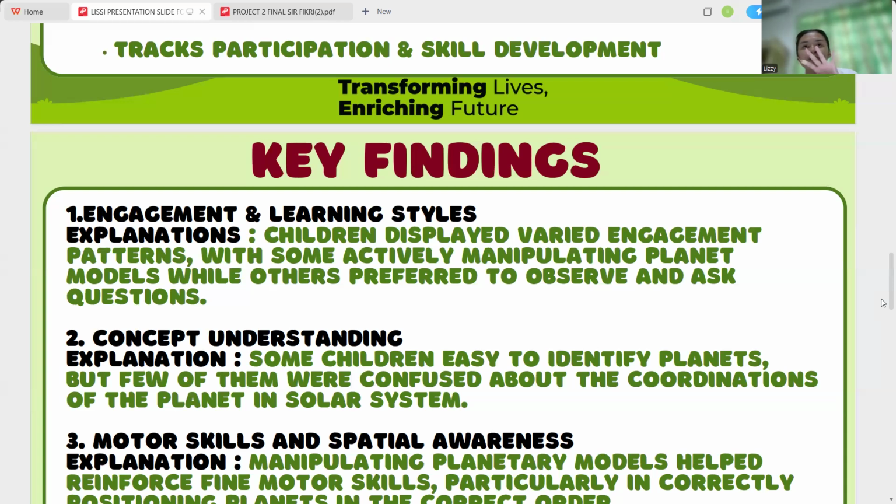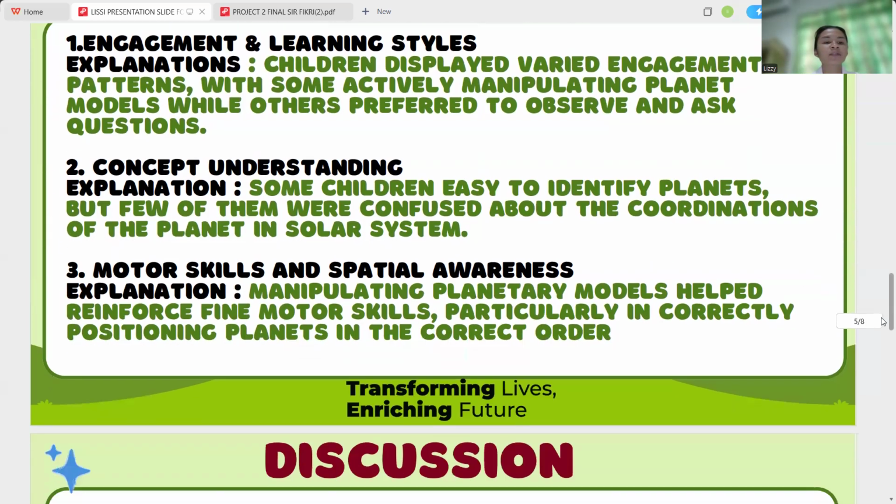They have to put the color picture and the names according to the coordination in the solar system. My key finding for the third point is motor skills and spatial awareness.